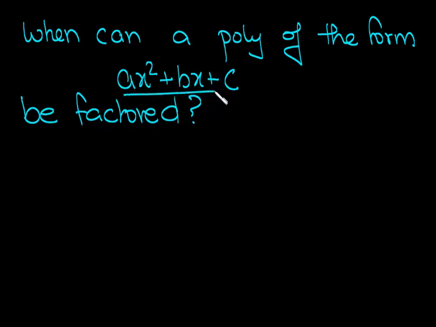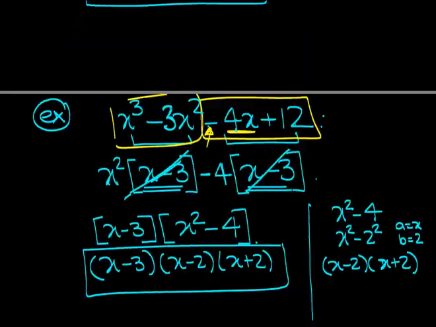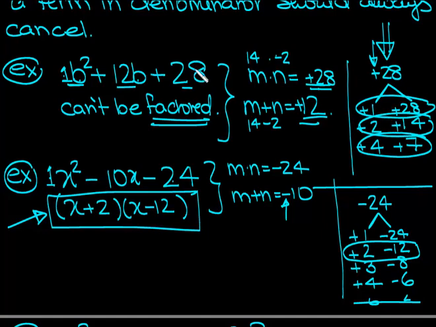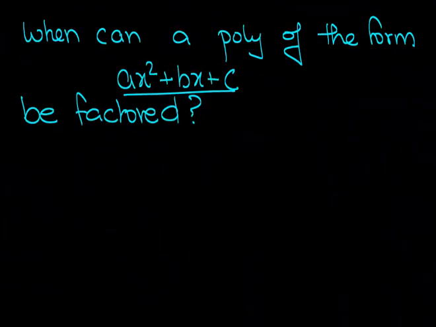How do we know this can be factored? Because I showed you a while back that not every polynomial can be factored, because you cannot just find those numbers like when we did over here with 28. With this one, if I had made this positive, this no longer can be factored anymore. So how do we know a polynomial can be factored? What is the magic calculation that we need to perform so that the polynomial can be factored? So let's take a look at how we go about doing that.